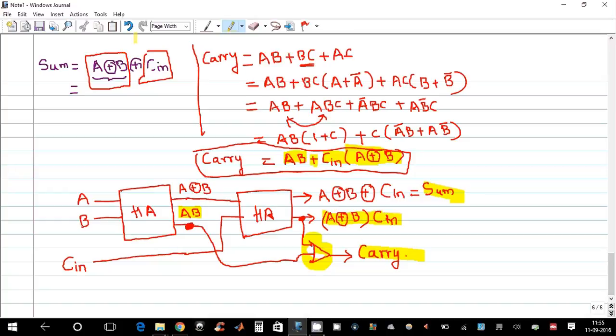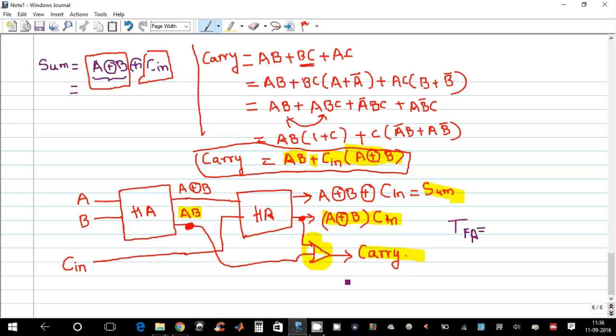In the same process we will also derive the delay of this full adder in terms of the half adder. To generate the sum it requires the delay of two half adders, one and this two.